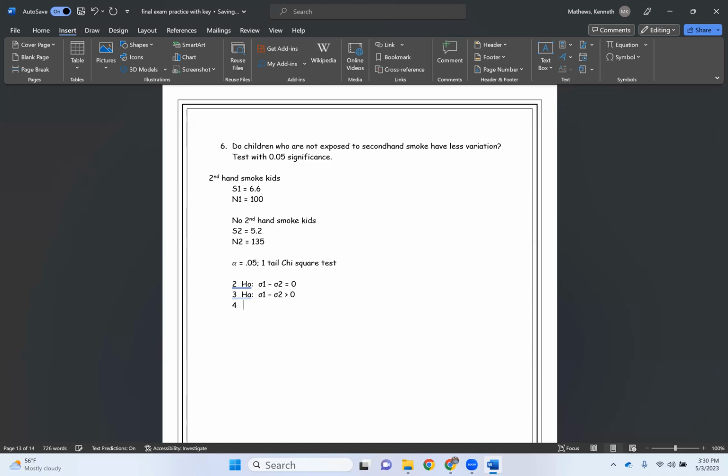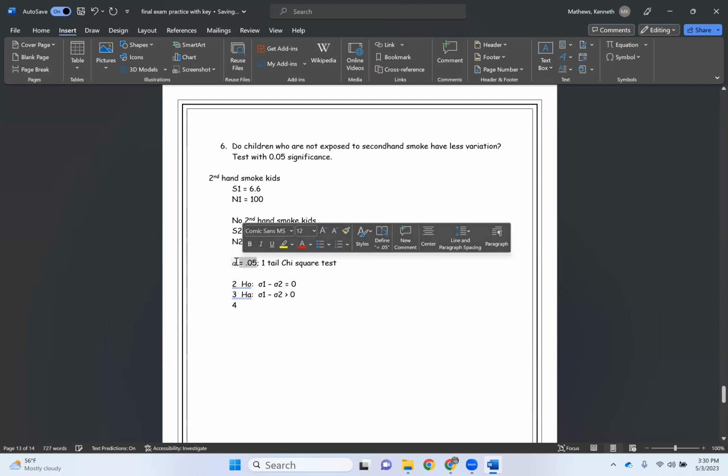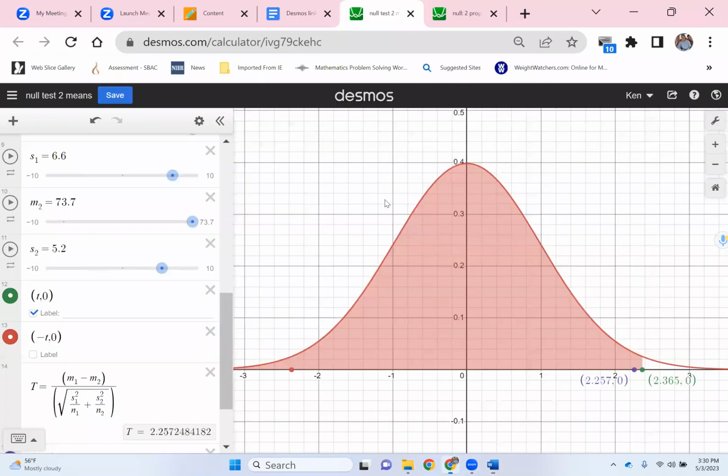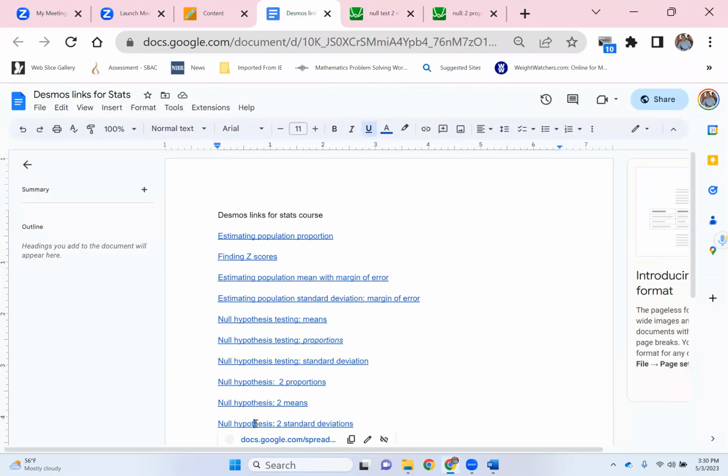So alpha is equal to 0.05, which we said, but now we have to formally say it again. All right, the test for 2 standard deviations, null hypothesis test for 2 standard deviations. There it is.